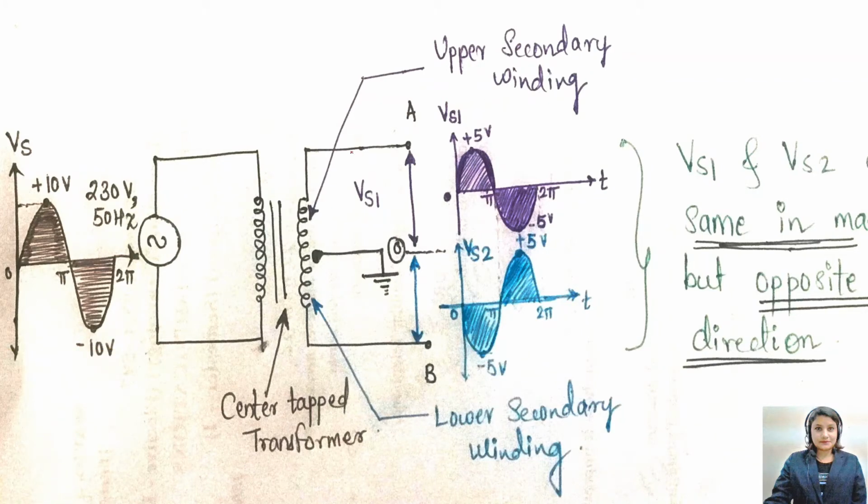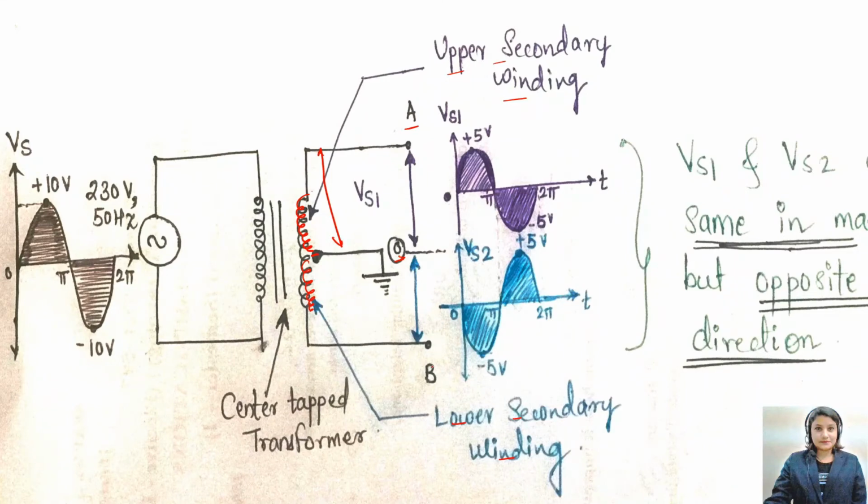From this ground, above, this will be your upper secondary winding between the points A and O, and this remaining half will be your lower secondary winding between the points O and A. Right?